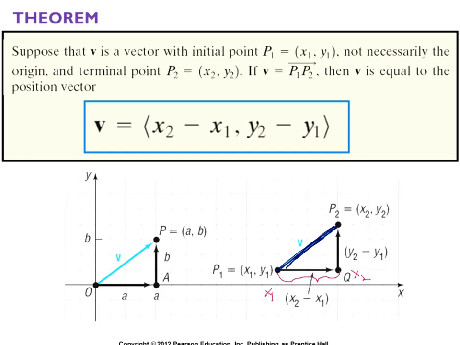That would be the length of this vector. So I'm just going to put it right back here. Now the lengths are the same. And the same thing with the y values. Here's my y2 minus y1. So I'm just going to put it back here so I know everything's starting at 0. Okay?